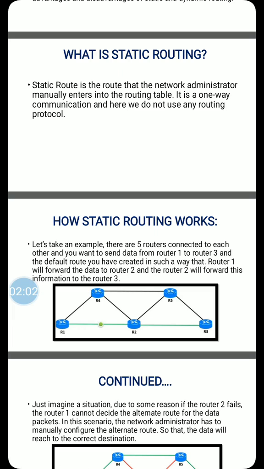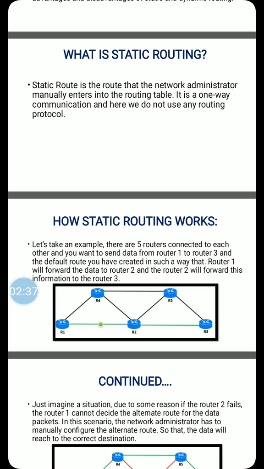How does static routing work? Let's take an example. There are 5 routers connected to each other and you want to send data from router 1 to router 3, and the default route you have created in such a way that router 1 will forward the data to router 2 and router 2 will forward this information to router 3.